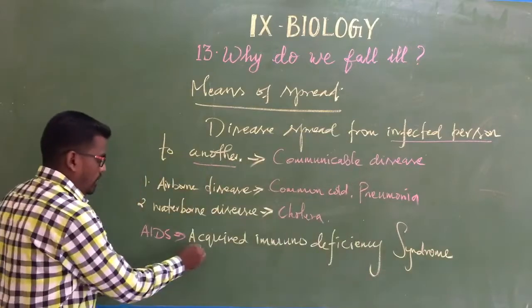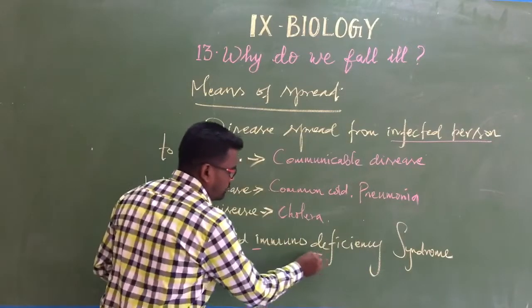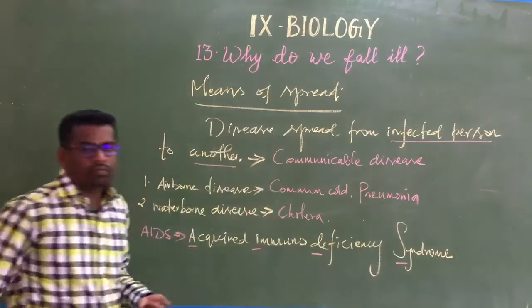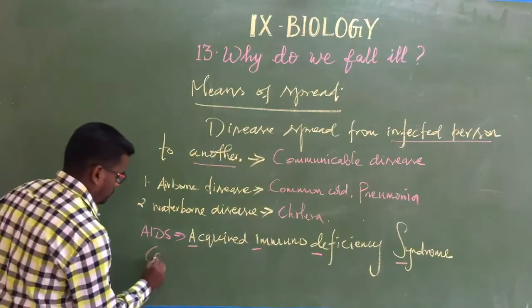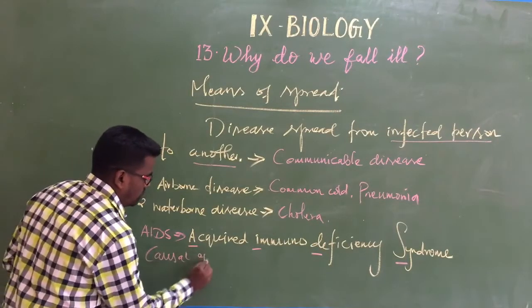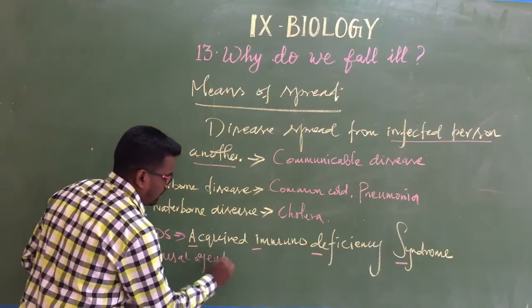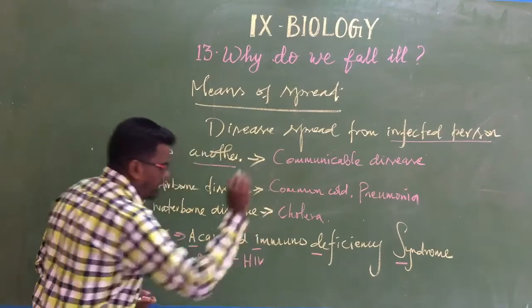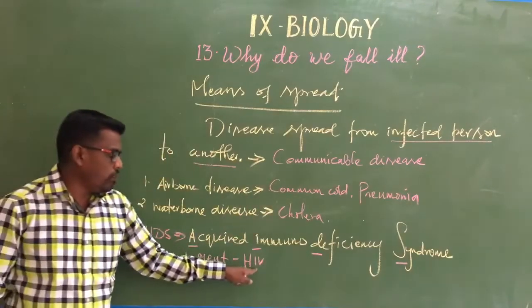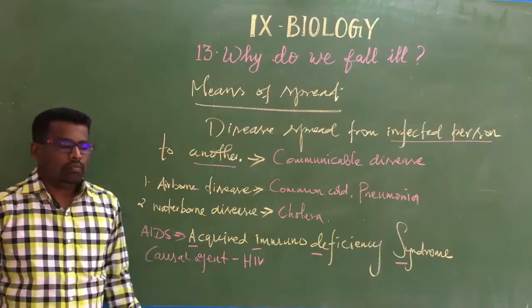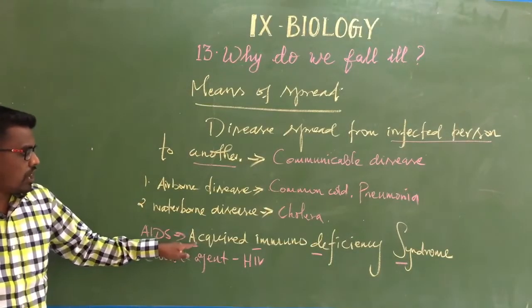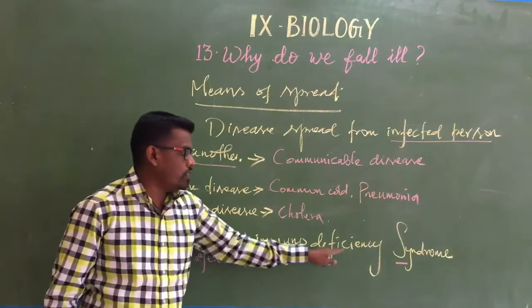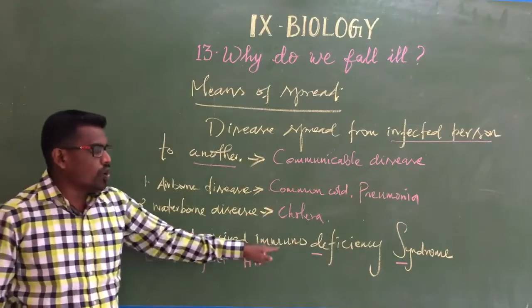This is called AIDS. So AIDS is a disease. The causal agent is HIV, human immunodeficiency virus. The disease is AIDS, and the expansion is acquired immunodeficiency syndrome.